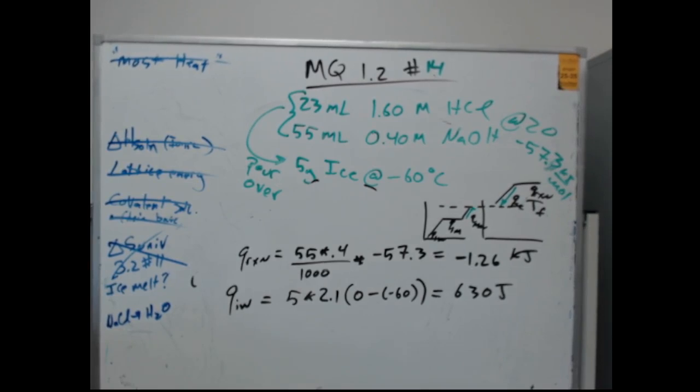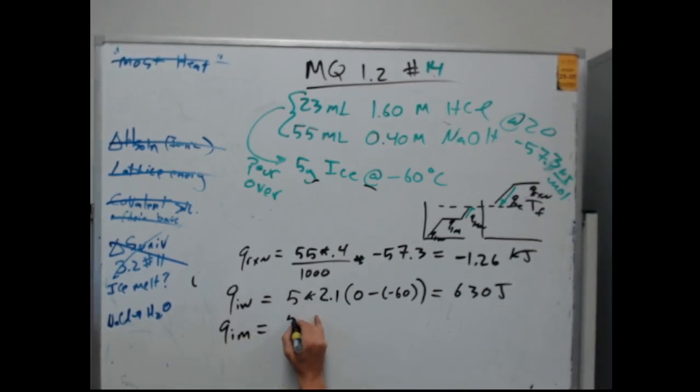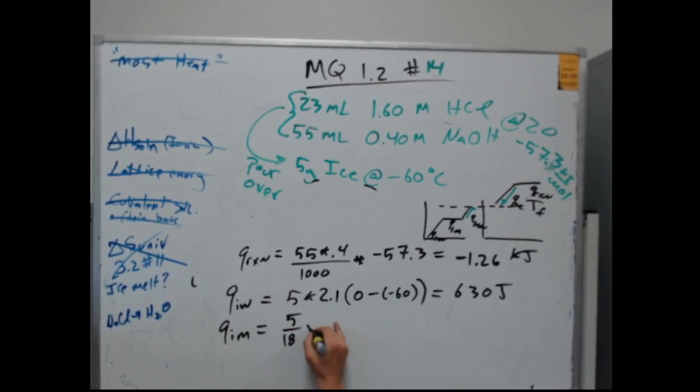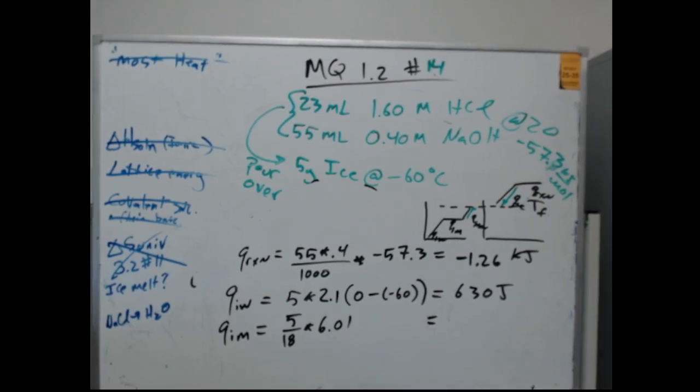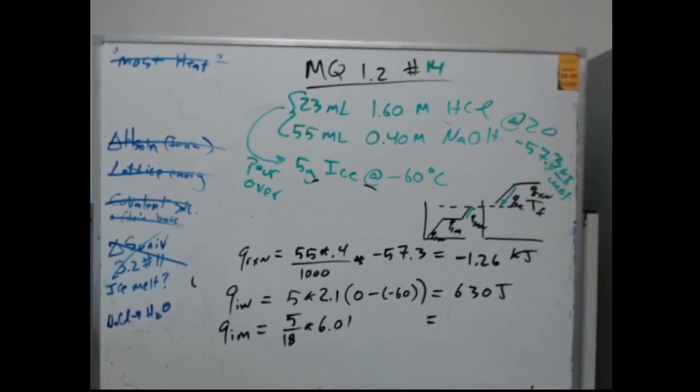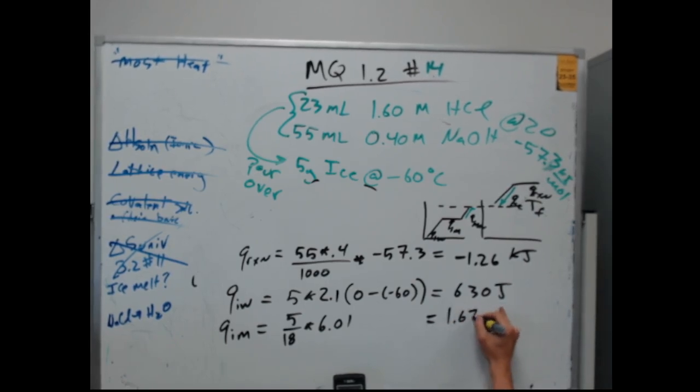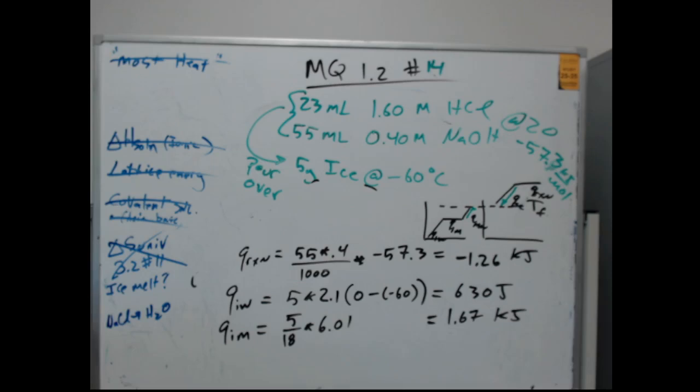Great. Then I'm going to go ahead and look at the Q of the ice melting. That's going to be 5 divided by 18 times 6.01. That's going to get me 1.67 kilojoules.